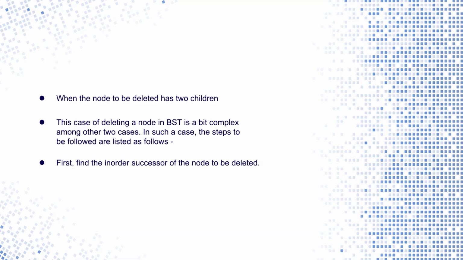In-order successor means in-order traversal. First we fetch the left item, then the root, then we go for the right successor of the root. So, left, root, right, that is called in-order traversal. We can follow the property of in-order traversal and find the in-order successor of the node. So, first we find the in-order successor of the node to be deleted.